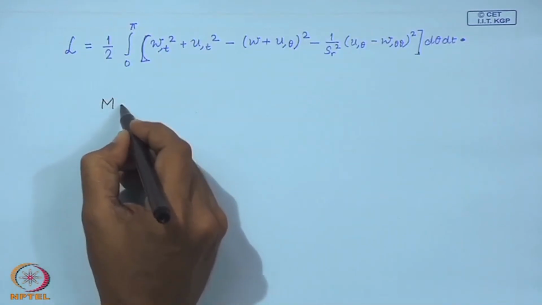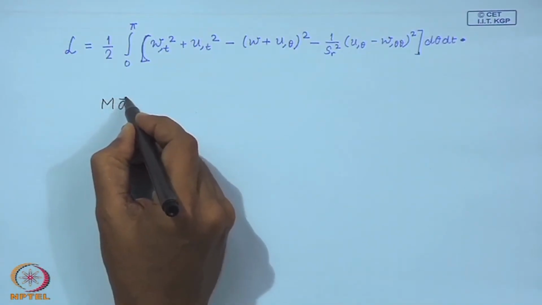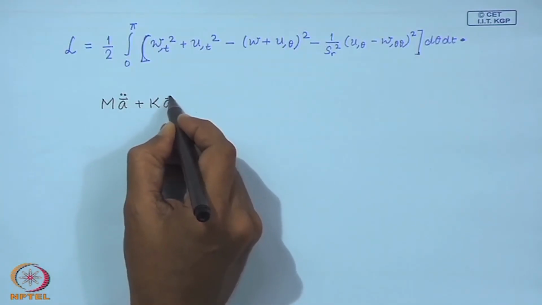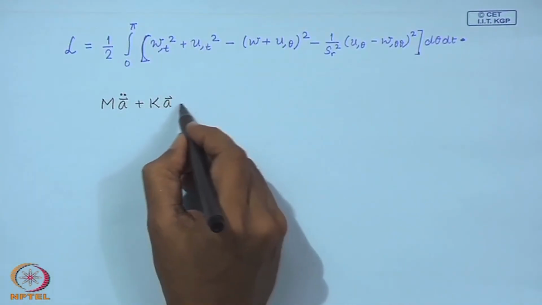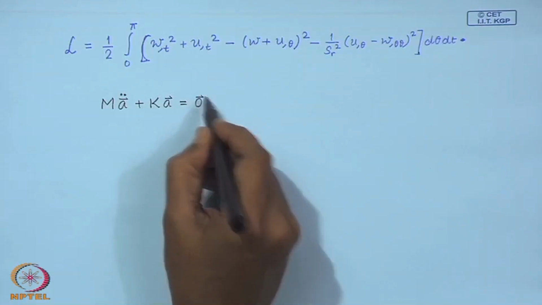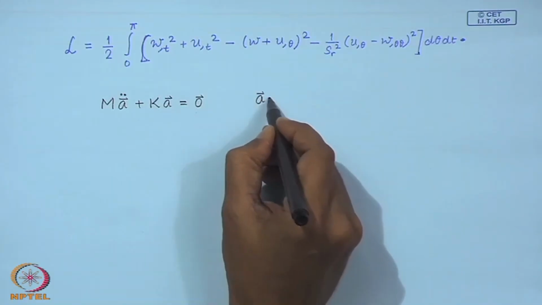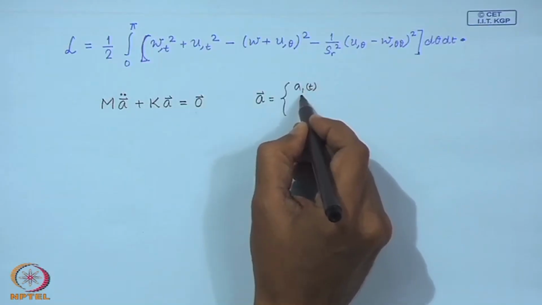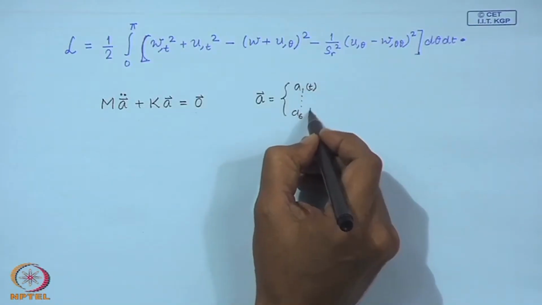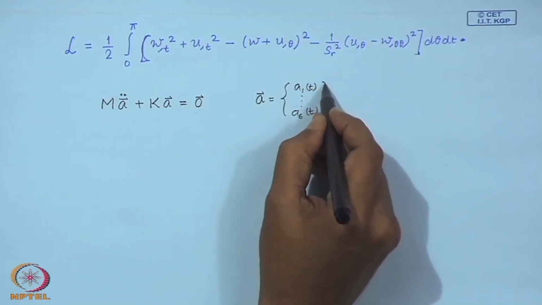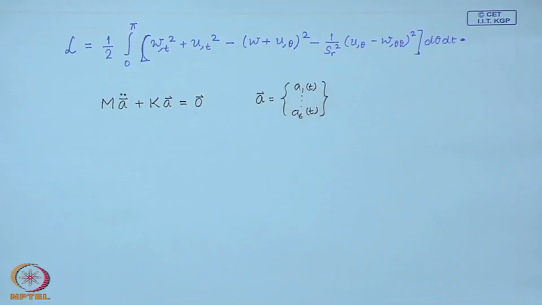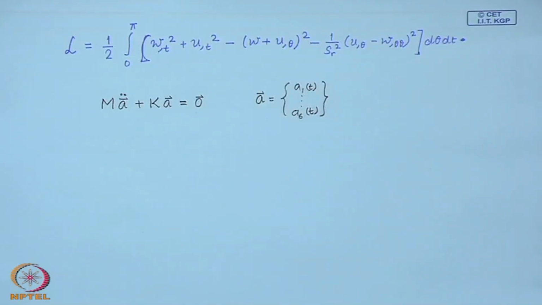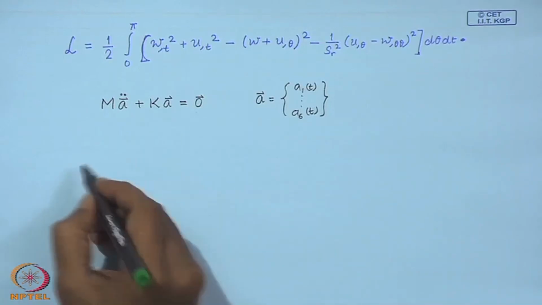So, we will obtain this, where this vector a is a1 to a6, and we can perform the modal analysis and obtain the circular eigenfrequencies.